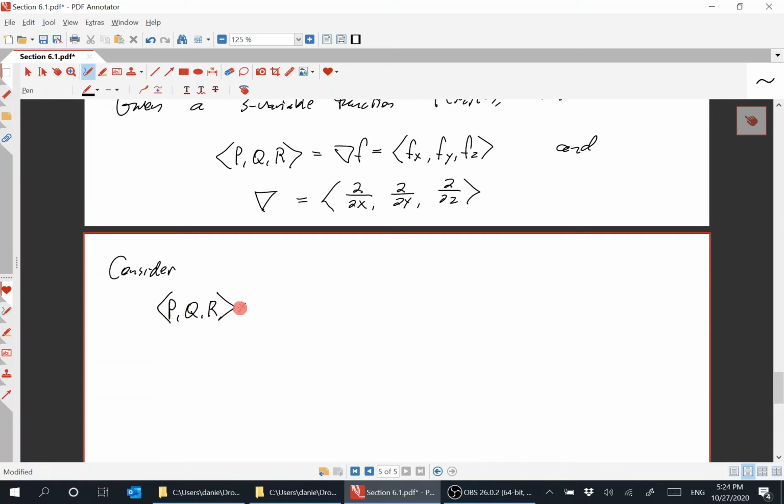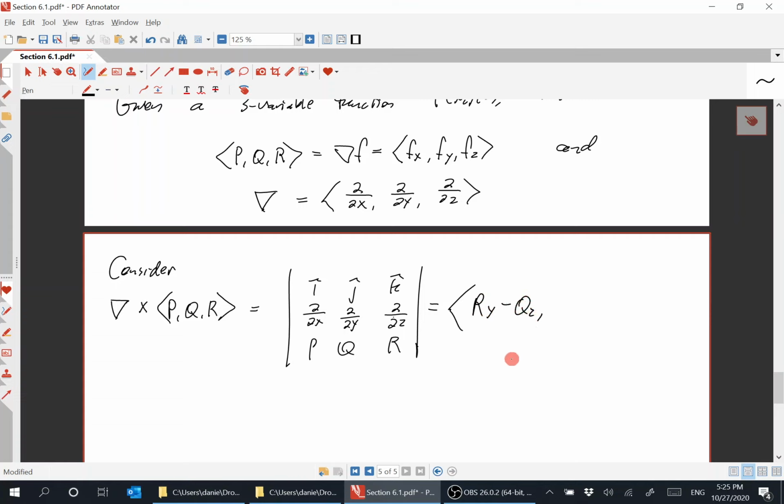P, Q, R cross, or let's do it the other way around. Cross this. Well, that's i, j, k, partial with respect to x, partial with respect to y, partial with respect to z, P, Q, R. Right, it's the determinant of this 3 by 3, which is equal to the partial of R with respect to y, partial Q with respect to z: Ry minus Qz.